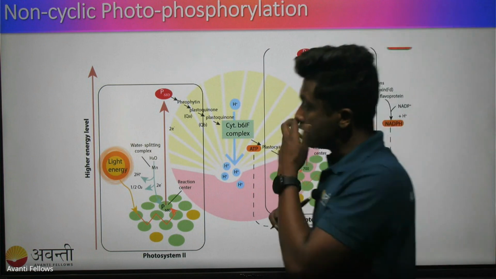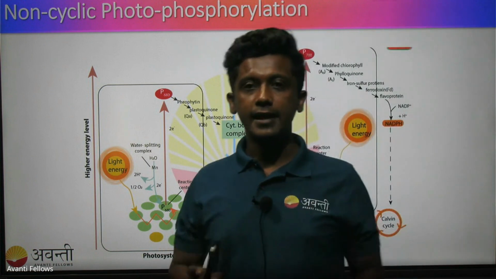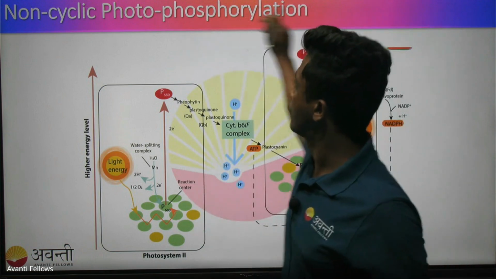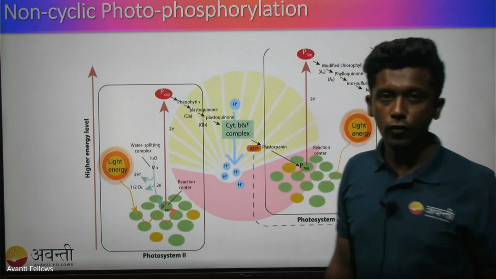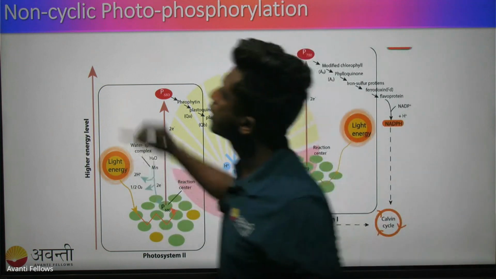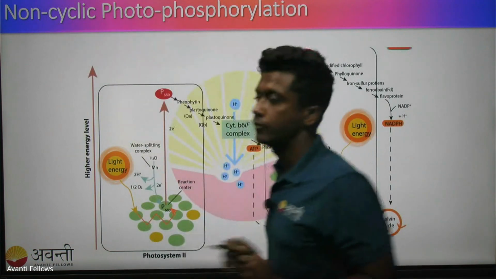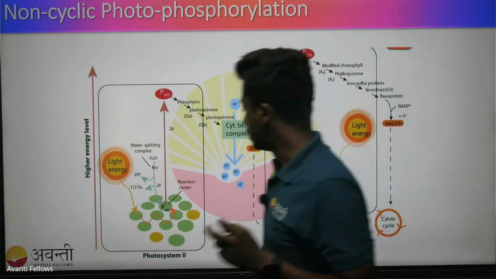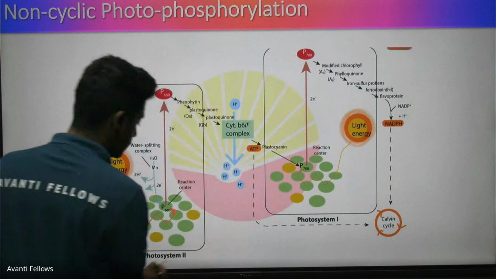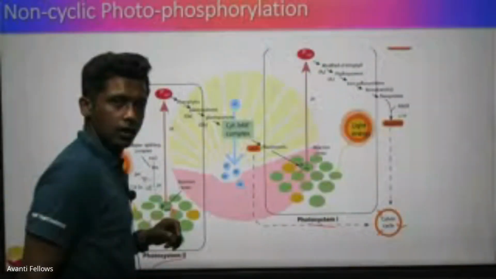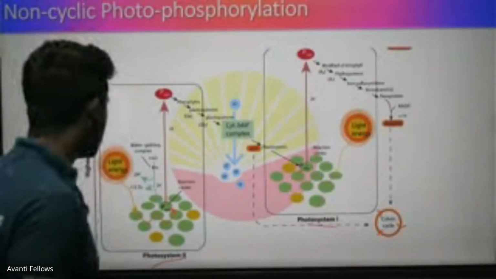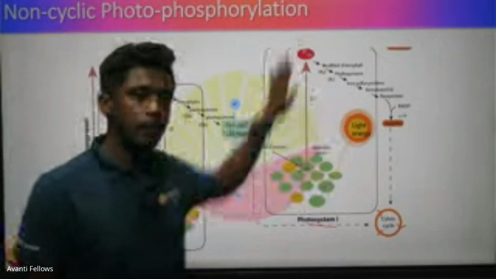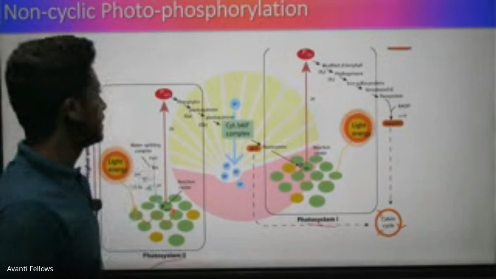All right. So now what did we understand in the light reactions? In the light reactions, we are talking about something called photophosphorylation. What type? Non-cyclic photophosphorylation. In non-cyclic photophosphorylation, two photosystems are involved: photosystem 2 and photosystem 1. These two systems are arranged in such a pattern that it is called a Z scheme.